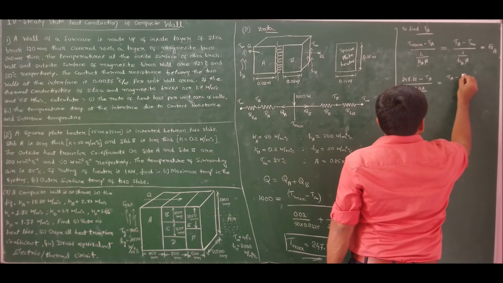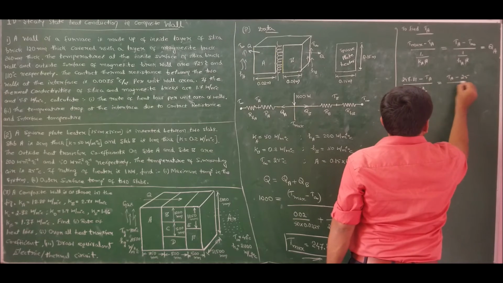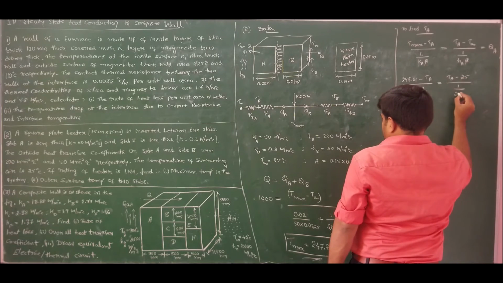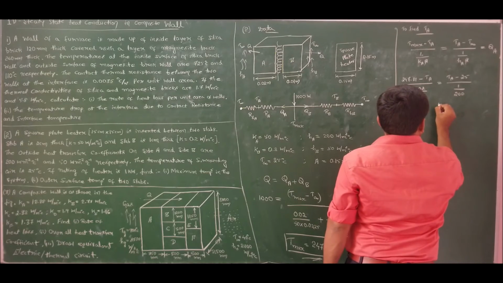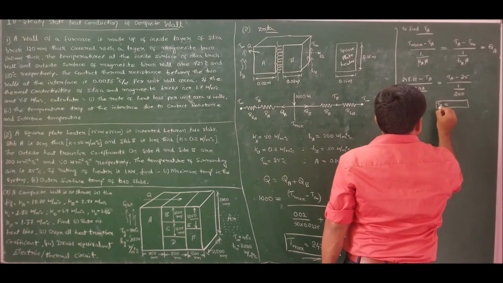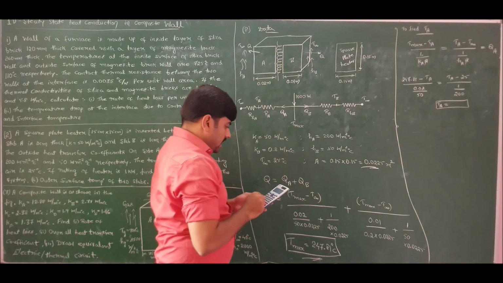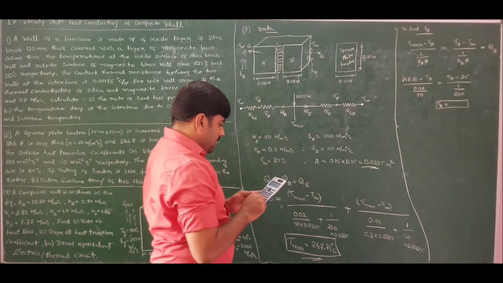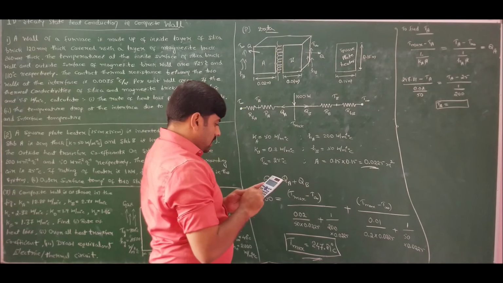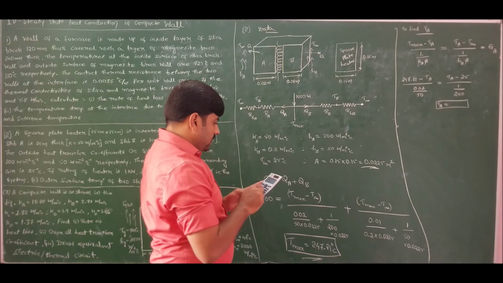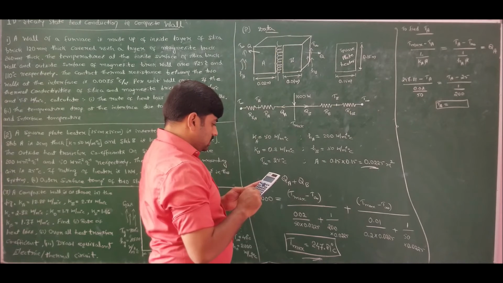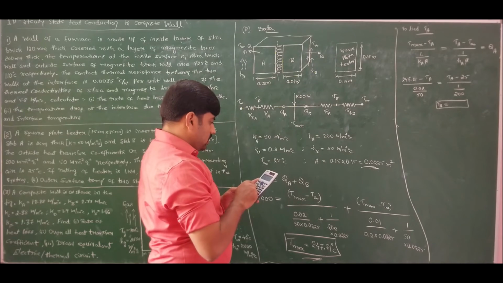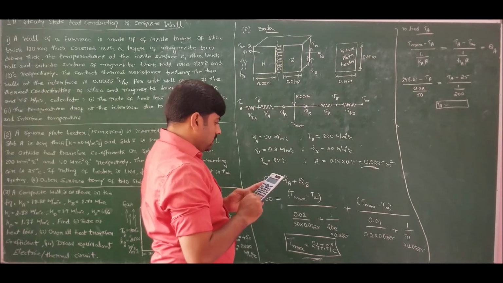TA is unknown, T infinity is 25, divided by 1 by HA, which is 200. Hence we get the value of surface temperature on side A as 247.81 minus TA divided by 0.02 by 50, which must be equal to TA minus 25 divided by 1 by 200.